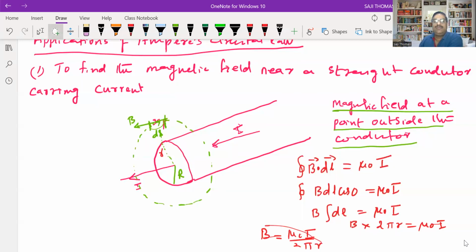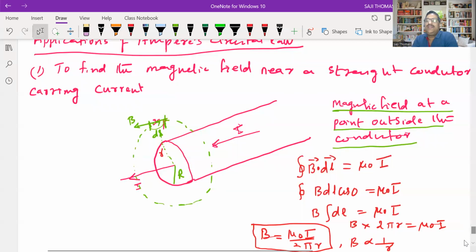So this is the equation for the magnetic field at a point outside a straight conductor carrying current. B equals mu0 I by 2 pi r. Here mu0, I and pi are constant, so we can write B is inversely proportional to r.